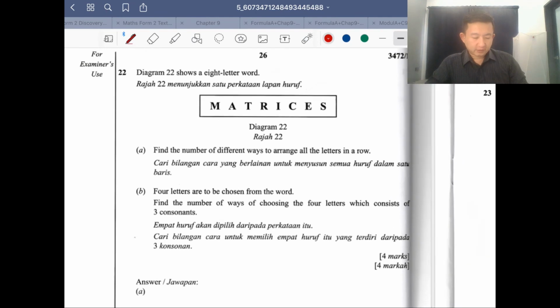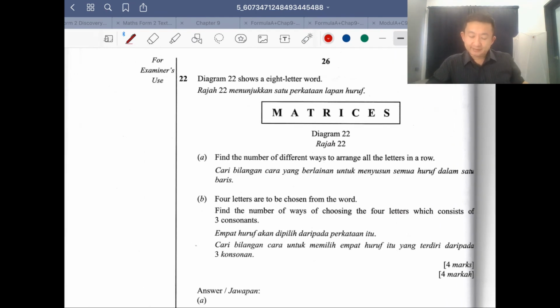(22) Diagram 2 shows each letter word. Find the number of different ways to arrange all the letters in a row. You have how many cards? You have 8 cards, so you arrange them.